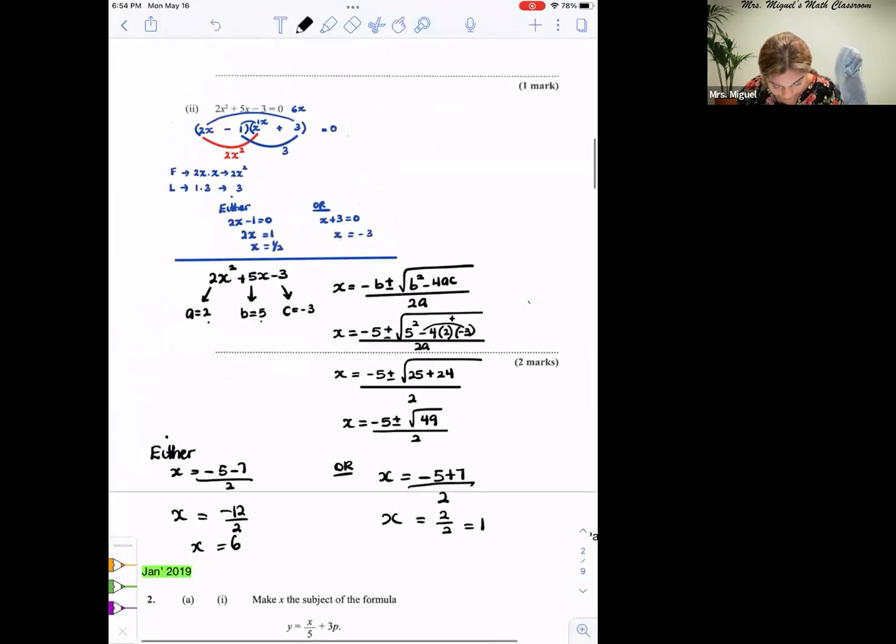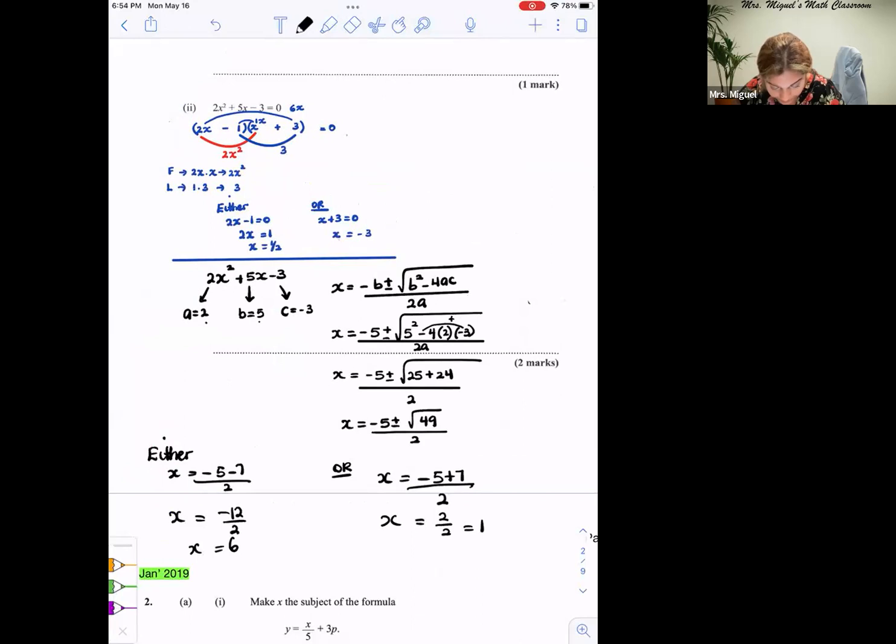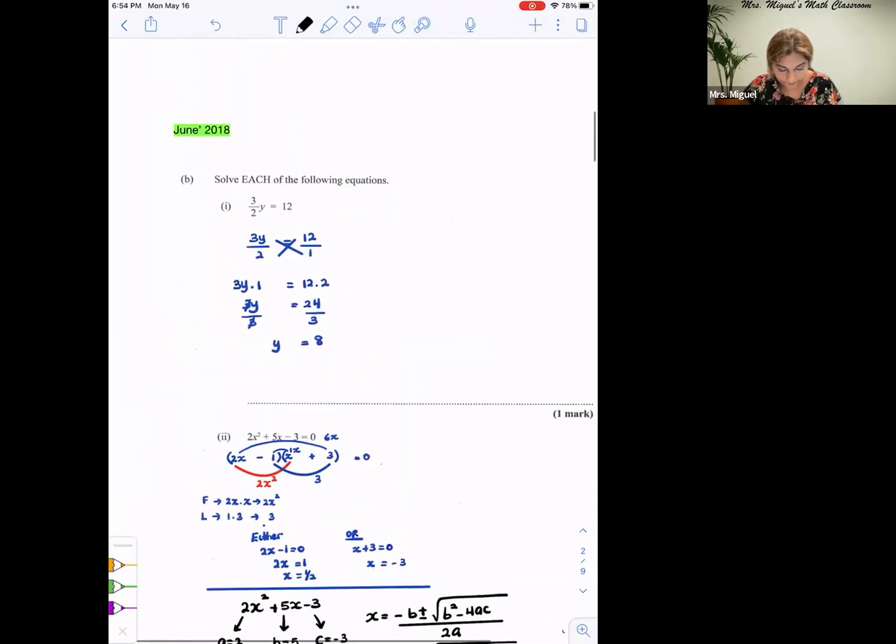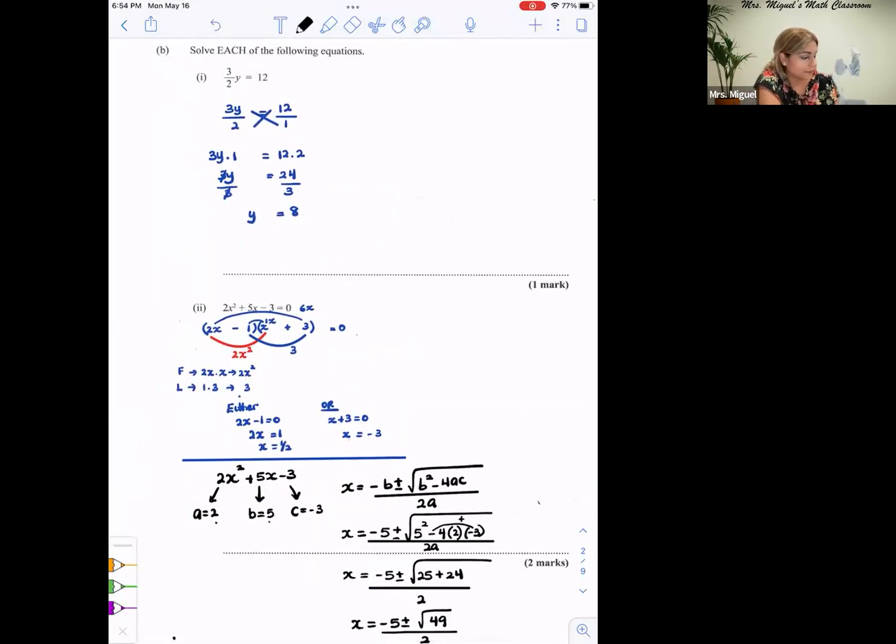We are supposed to get the same answers from the start. Did anybody pick up an error?